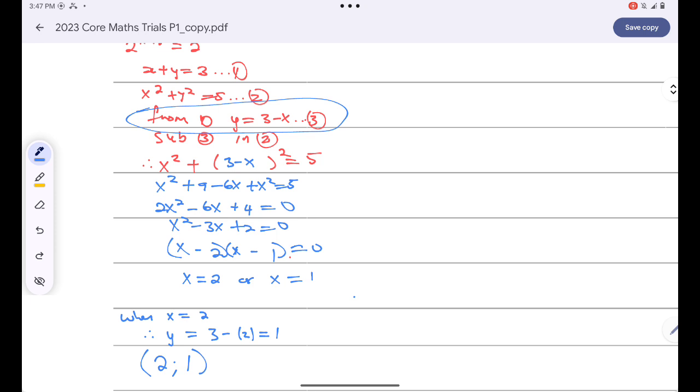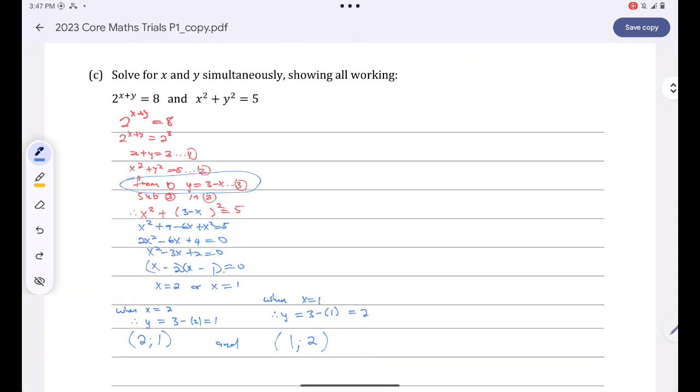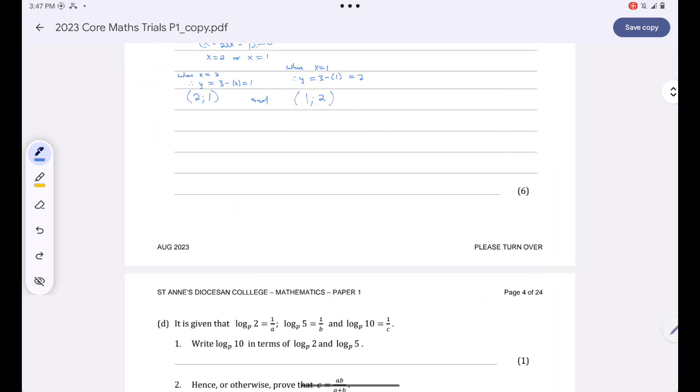And then for the second one, whenever x is equal to 1, therefore y will be 3 minus 1, and hence I'll get 2. I now know that whenever x is 1, the y value will be 2. That's how, guys, we're supposed to solve the simultaneous equation.